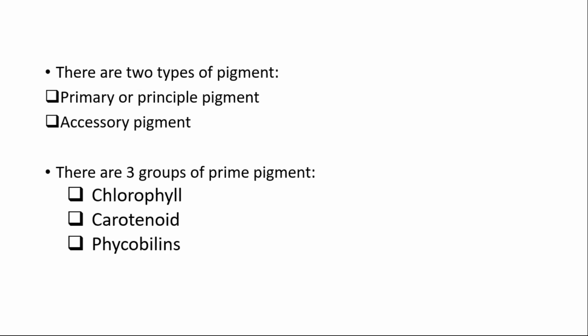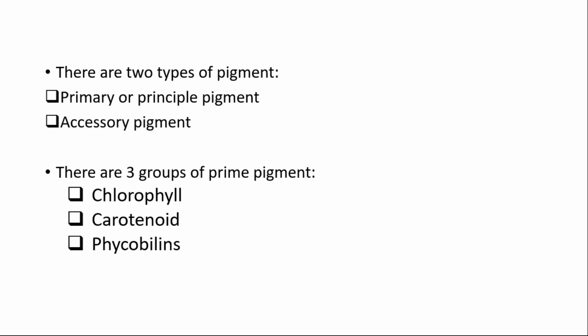And only with the disappearance of the major pigment, you might see this accessory pigment, which will be a very minor constituent, as in the leaves which turn yellow, orange, or red during autumn when the chlorophyll actually fades away. Those are called accessory pigments.